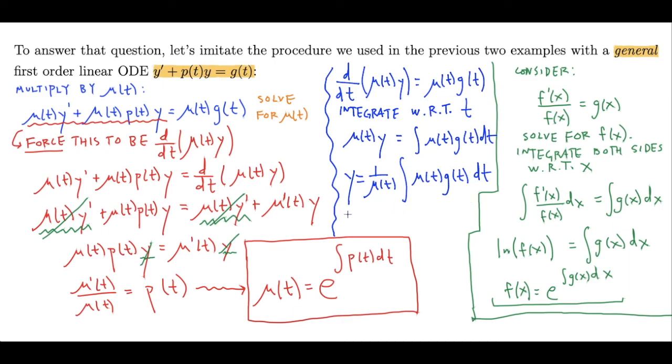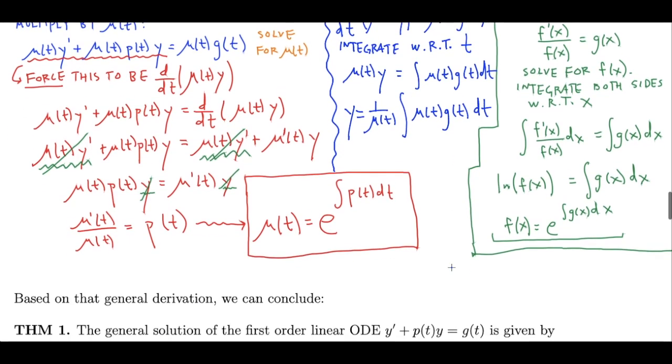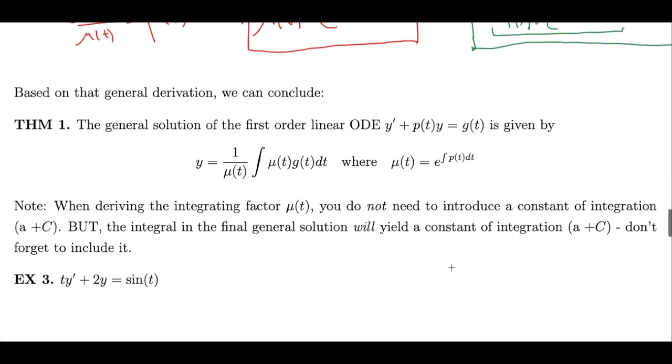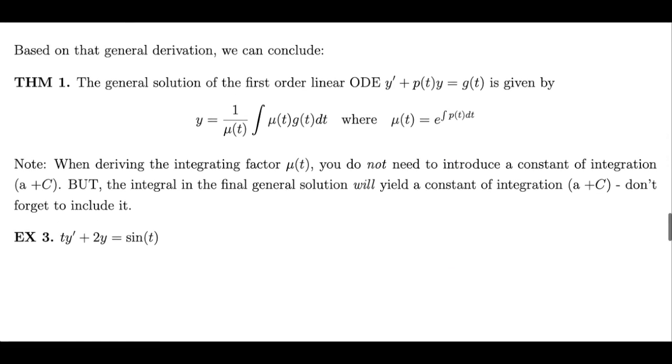And since we haven't utilized any specific functions in this procedure, it should work for any mu of t, g of t, and p of t. Again, this is a little cramped here. I'd put a box around that and label that as my general solution, but I've run out of space. Fortunately, as we scroll down the page a little bit, I have typed this up and provided a little summary. So theorem 1 in the middle of this page provides a summary of the procedure that we just went through.